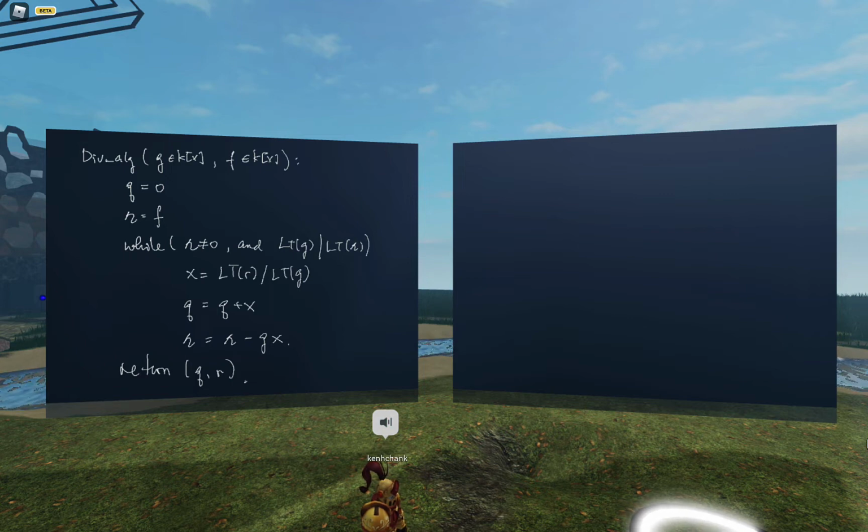That's how the algorithm goes, and the claim is that the q and r that we get at the end of this algorithm are the q and r that we want. I don't know whether I have time to prove this, so I'll do the proof at the end if I have time.